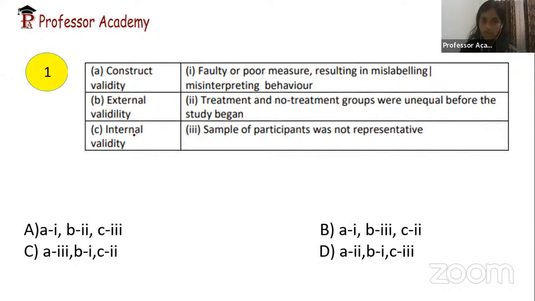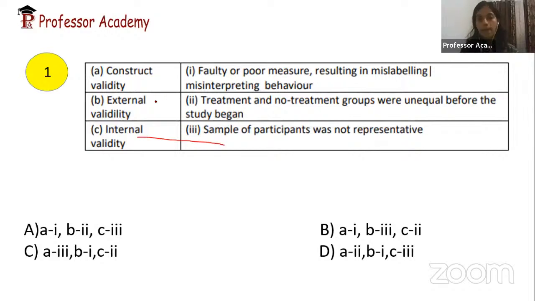When we come to internal validity, the researcher should try to establish the relationship that the study's objective itself intends. So when the sample of participants is not representative, that itself breaks the internal validity, because it will not help you establish the relationship between the variables that the study intended to. So C could be related with 3.